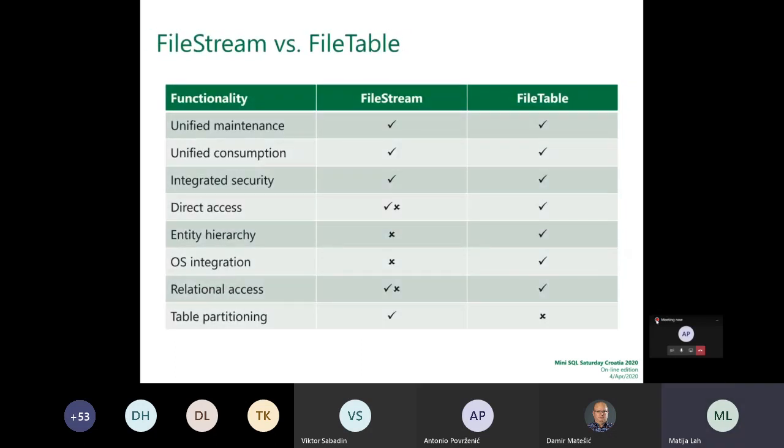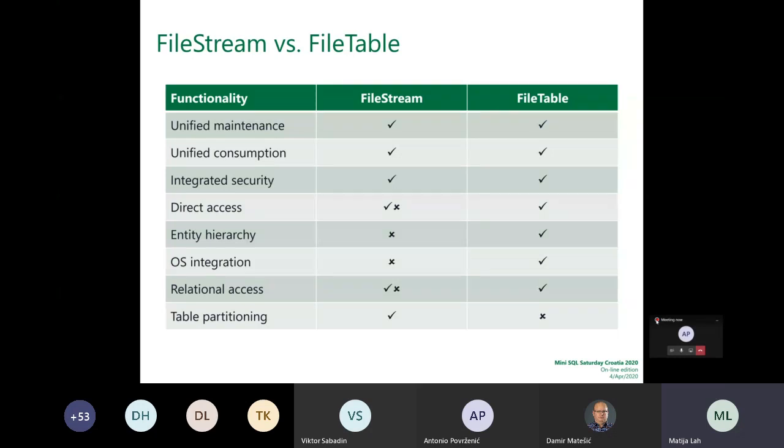So to compare Filestream with the file table, if you're already familiar with Filestream, then it shouldn't be too difficult to learn about the file table on top of that. As far as maintenance, consumption, and the security of data are concerned, there are no differences between Filestream and file table. As long as you're using Transact-SQL, you're accessing the data, whether it's hosted on Filestream or in the file table, in the same way.